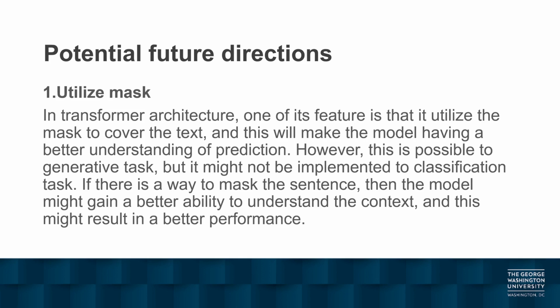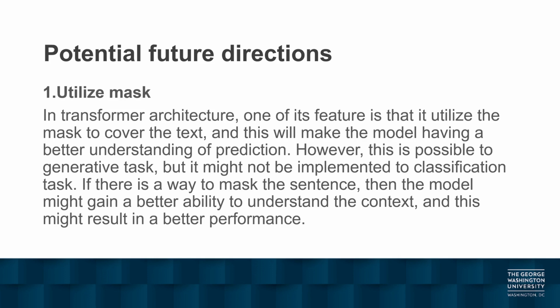And about the potential future directions of this project, one of the directions is to utilize the mask mechanism. The mask mechanism is to make the transformer model have a better understanding of the context.